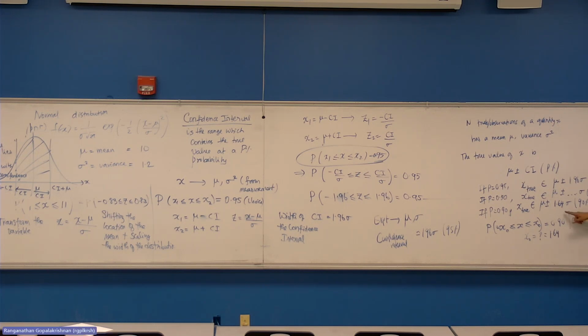So is everybody getting 1.64 for 90%, and for 50% I'm seeing 0.67? 0.67 gives 0.2486, which if you double is nearly 50%.